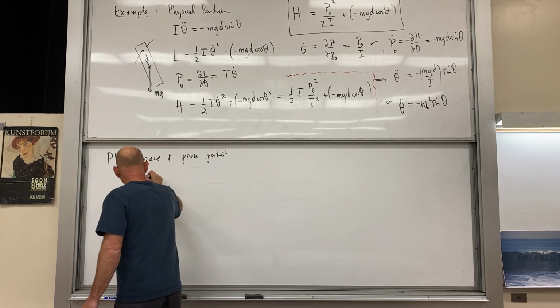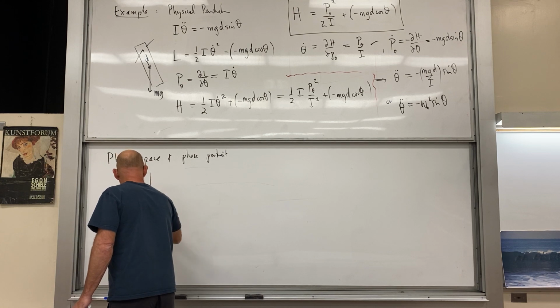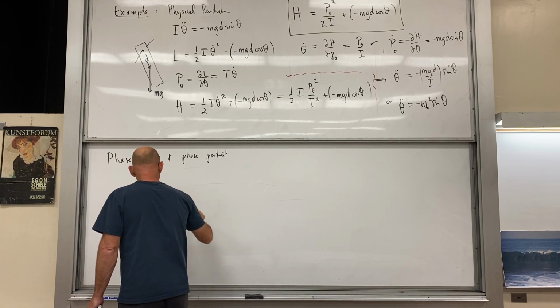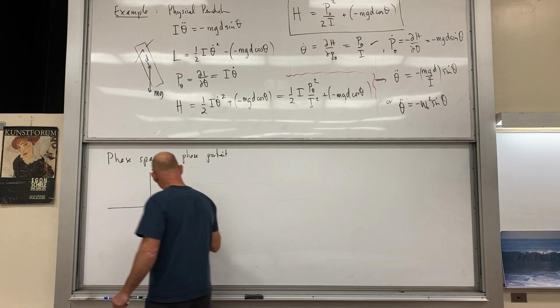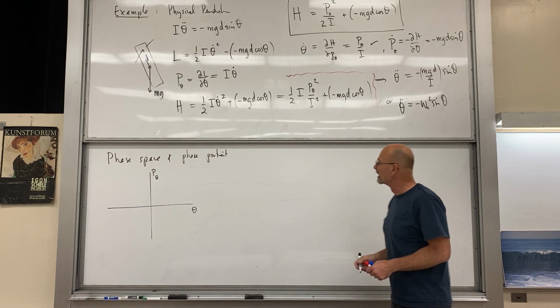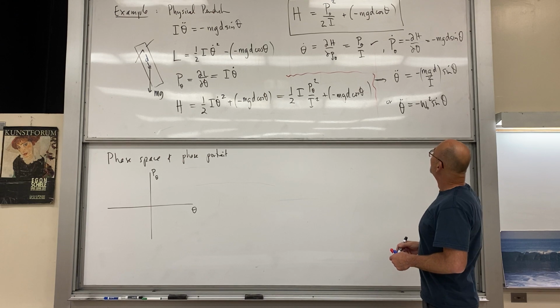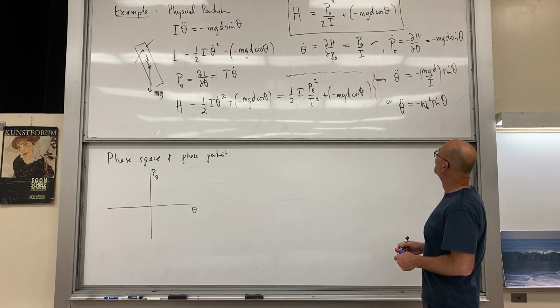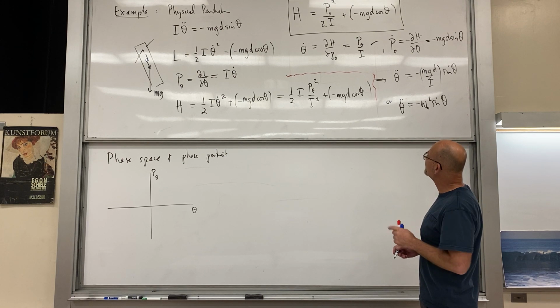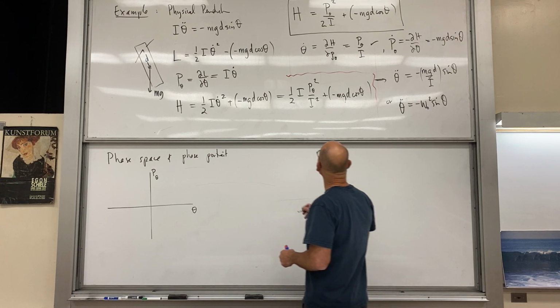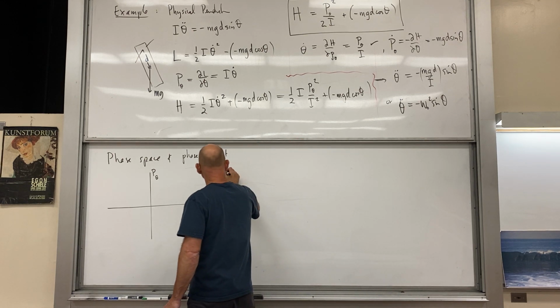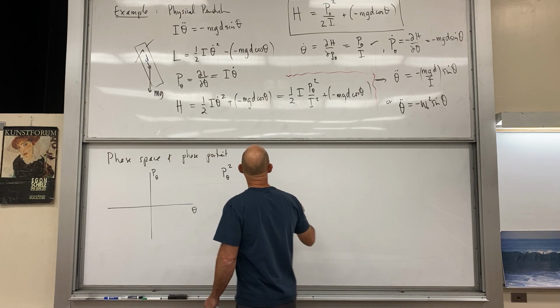So what we have here, we'll do a couple of these. So we have theta and we have P sub theta. That's our Q and P. Let's solve for P sub theta squared up there. So P sub theta squared, then we'll take the square root.